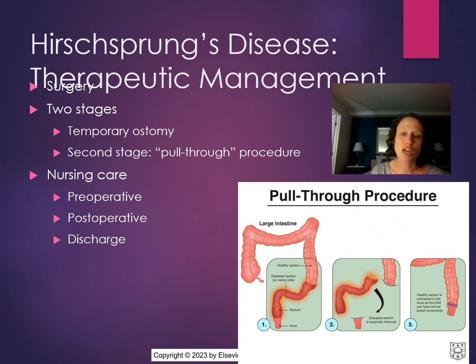And so that way the child can still continue to have normal, regular bowel movements. But in the initial period, they'd want to do an ostomy until they were able to do that. So that's why it says it's 2 procedures.